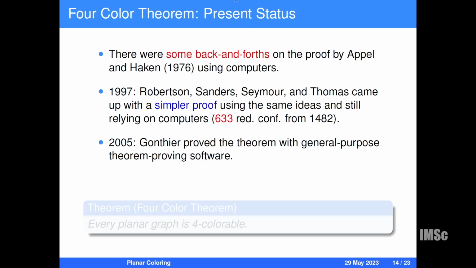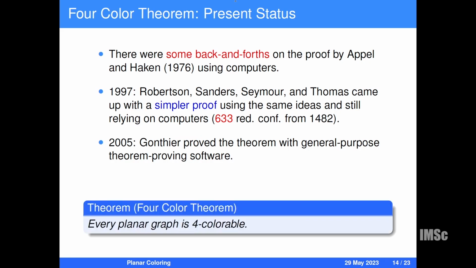There were some back and forths on this algorithm, and in 1997 Robertson and others came up with a simpler proof using the same ideas, and the number of reducible configurations is 633. So in 2005 Gonthier proved the theorem with a general purpose theorem proving statement, and this solves the conjecture.